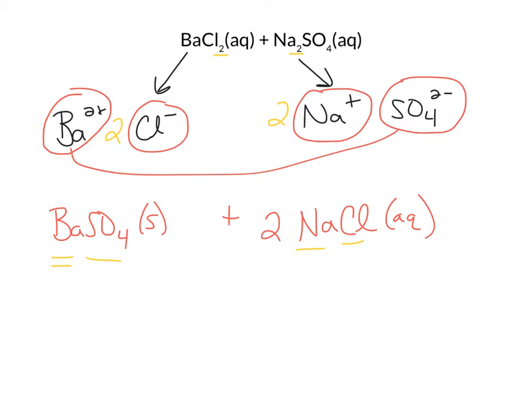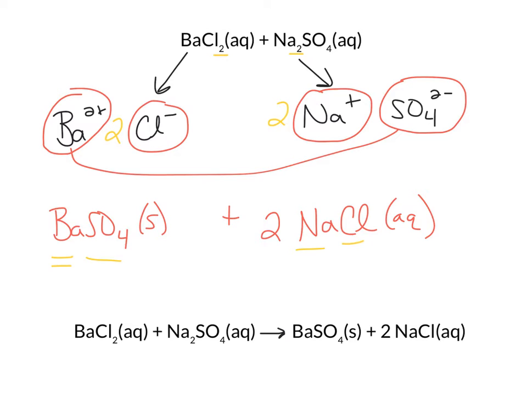And if you want to write out the entire balanced chemical equation, you're going to have BaCl2 aqueous plus Na2SO4 aqueous forming BaSO4 solid plus 2NaCl aqueous. And that would be your overall balanced chemical equation.